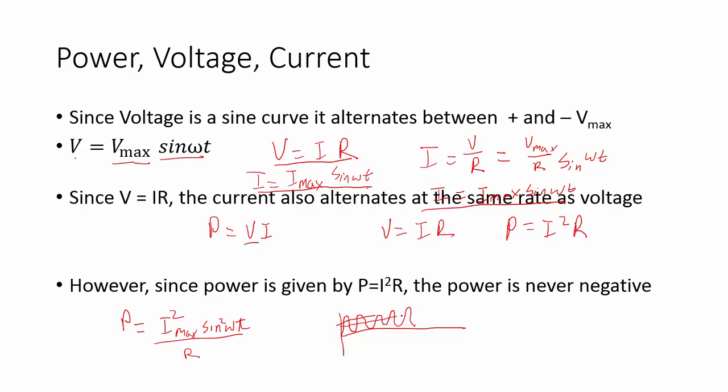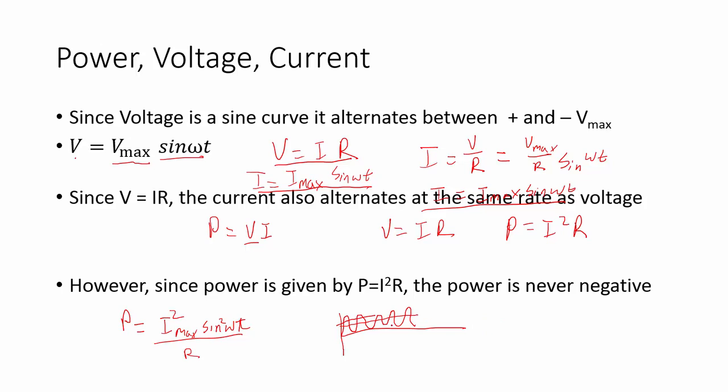What we're interested in is the effective or average power that an alternating current produces, which will allow us to find effective voltage and effective current from an alternating circuit. Because we tend to think of the voltage in the United States, when you plug into the wall outlet, as 120 volts. Well, that's actually what's called the root mean square value of the voltage. It's not the peak-to-peak voltage. It is the effective voltage, because some of the time it's higher than that, some of the time it's lower than that.